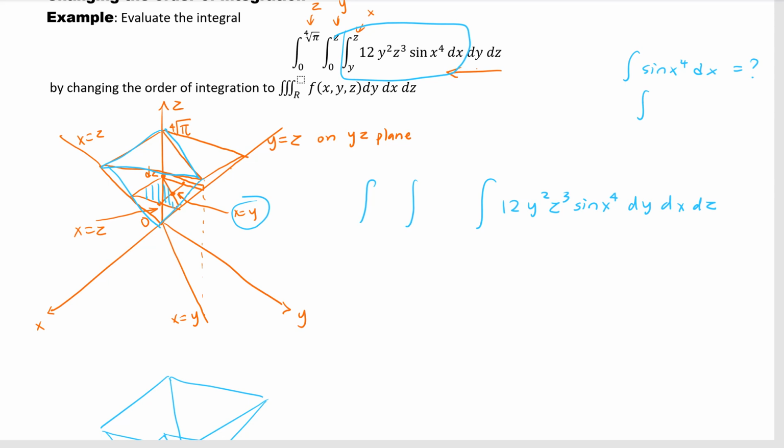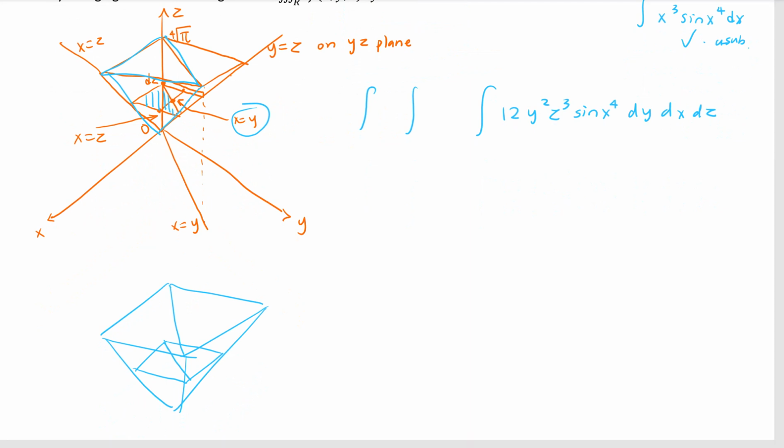If we have x cubed sine x to the 4th, yes, we can use u-sub, but just this guy, we're not able to solve this integral. This is similar to last time when we talked about the double integral. With some order, we're not able to solve, and with some order, we're able to solve.